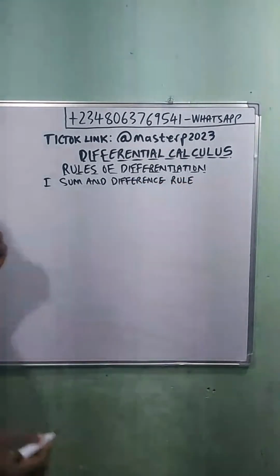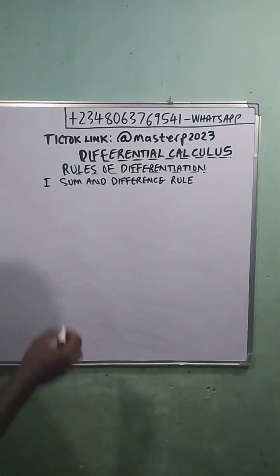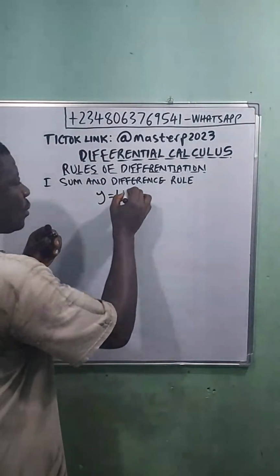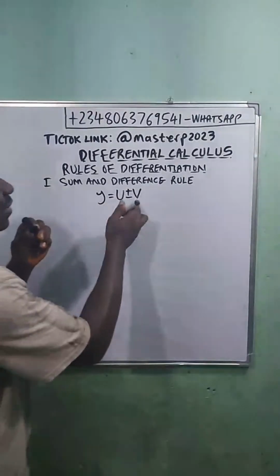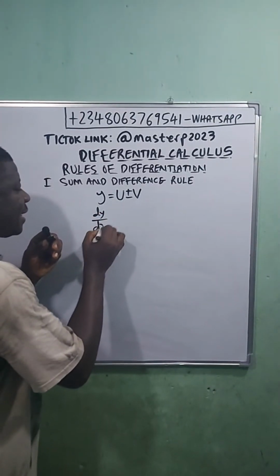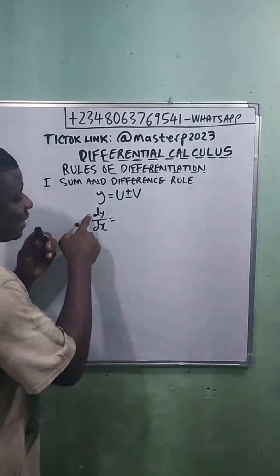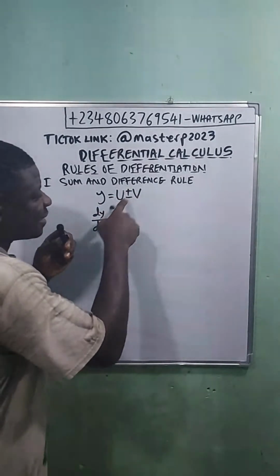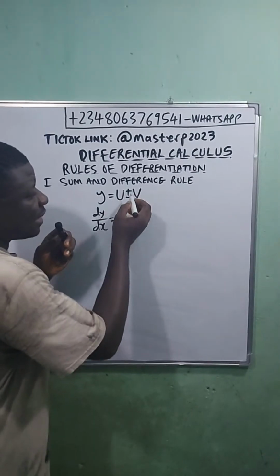The sum and difference rule makes us understand that suppose y is equal to u plus or minus v, where u and v are functions of x. Then if you want to look for dy by dx, the differential coefficient d by dx is a linear operator. We can differentiate one after the other, since what is separating the two functions is just addition and subtraction.